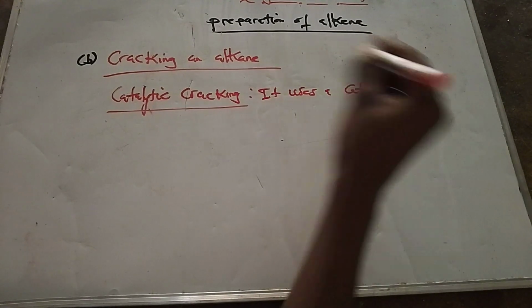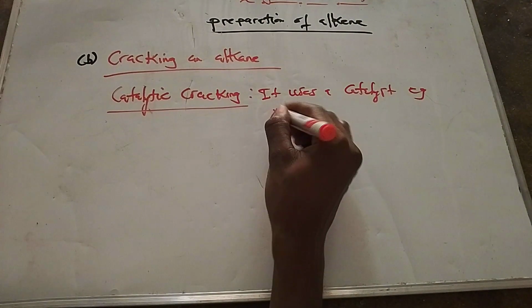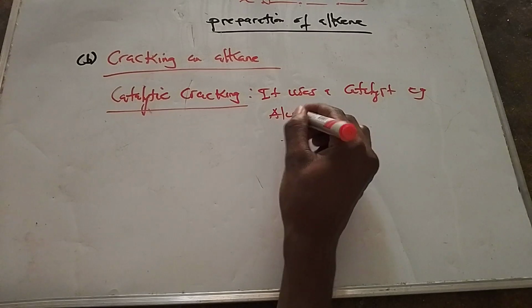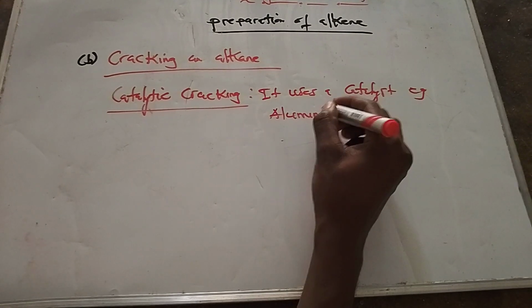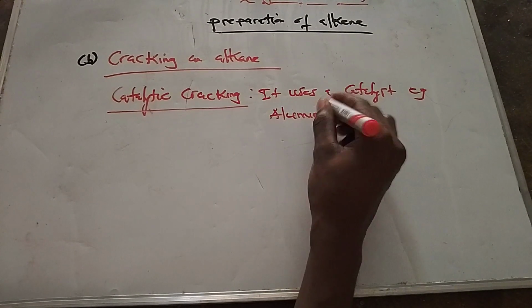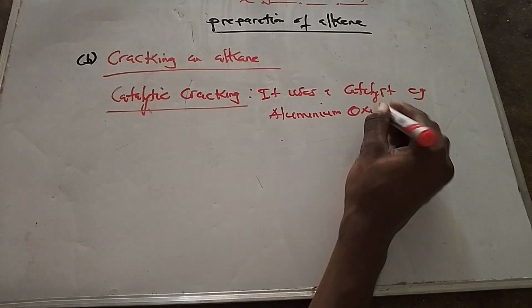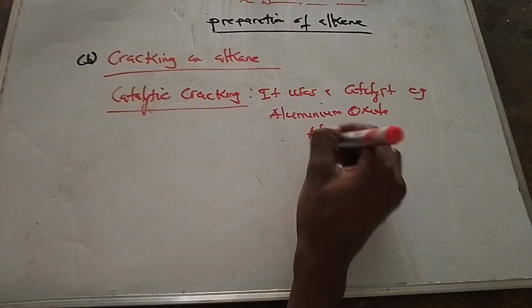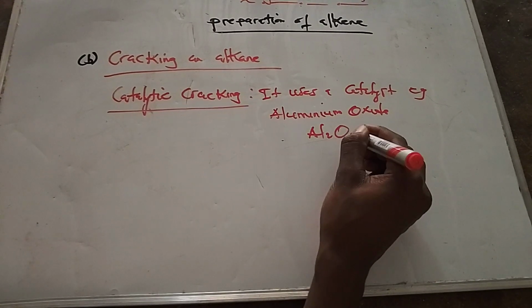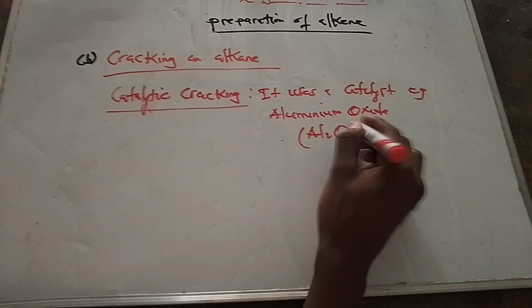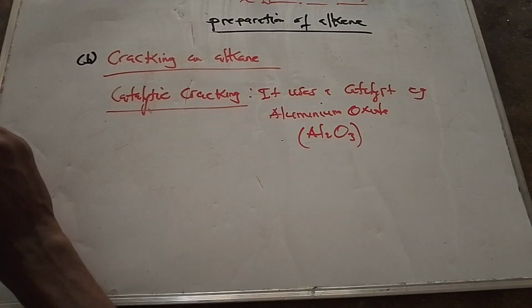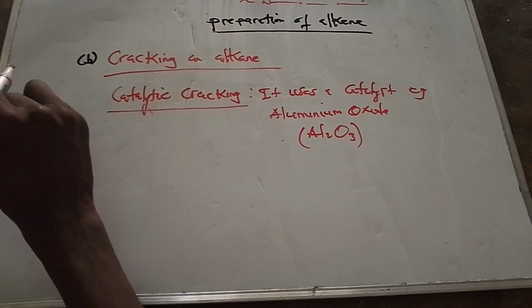For example, we can use aluminium oxide, which is Al2O3. We'll talk about that one more under extraction of metals.